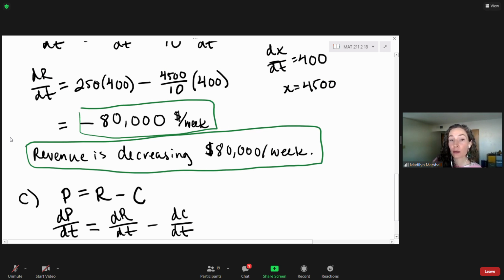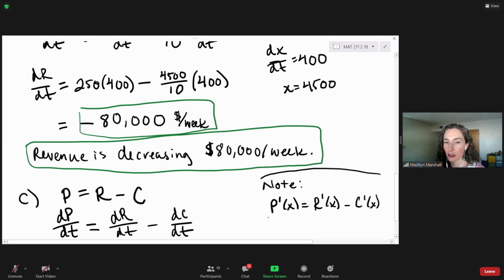And that's true whether we're doing these derivatives with respect to time or with respect to x or whatever. So another little note is that if we're doing marginal profit, and you did some homework on this a while ago, that's also equal to marginal revenue minus marginal cost. So it's always true that if we're doing a derivative of profit, it's the same as just the derivative of revenue minus the derivative of cost.